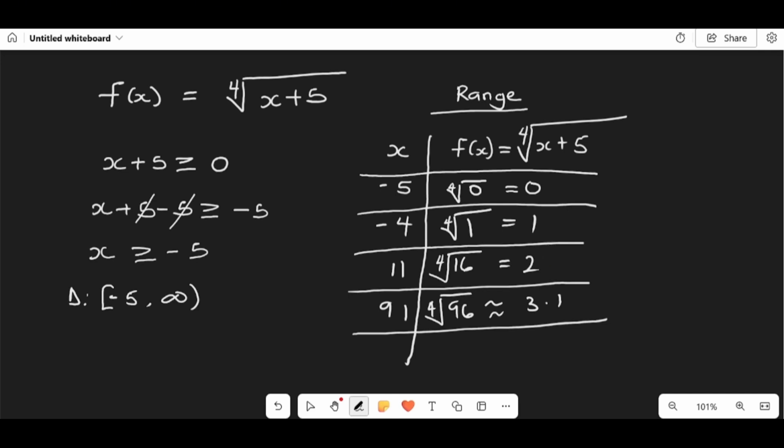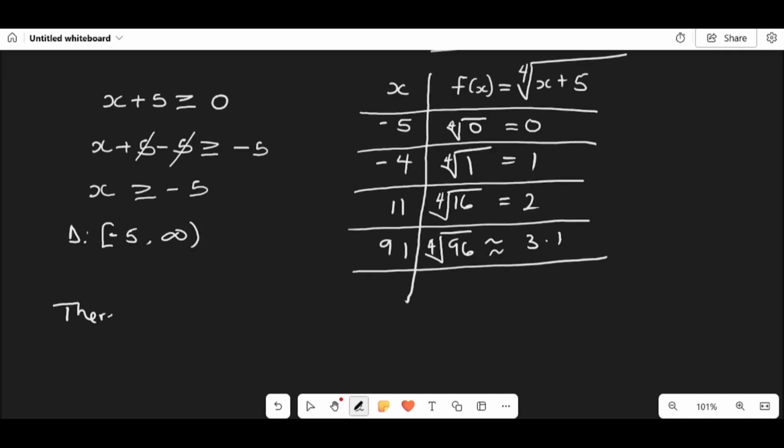The smallest output is when x equals minus 5 and our function is 0. There is no upper limit as x tends towards infinity.